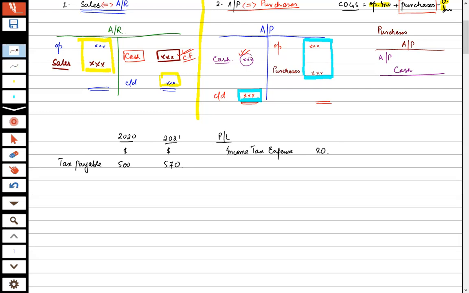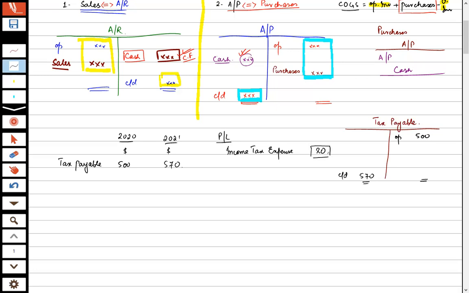In this case, the working would again be simple. We will make the T account of tax payable. Opening liability, opening on the credit side, 500, and closing 570. The expense for the year is 20.